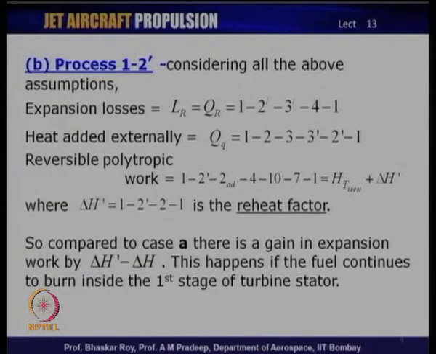This also opens up the possibility of reheating between the turbines, or interheating between the turbine stages. After the HP, as you know, the flow loses a lot of its energy in the process of doing work, and there is a provision now that if you manage to do a little bit of reheating between the HP and the LP, before it hits the LP, you can clearly expect to get more work extraction from the LP than before.